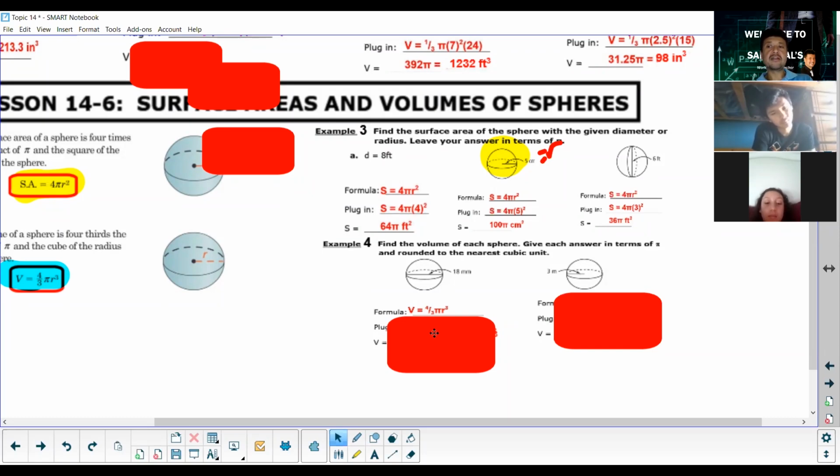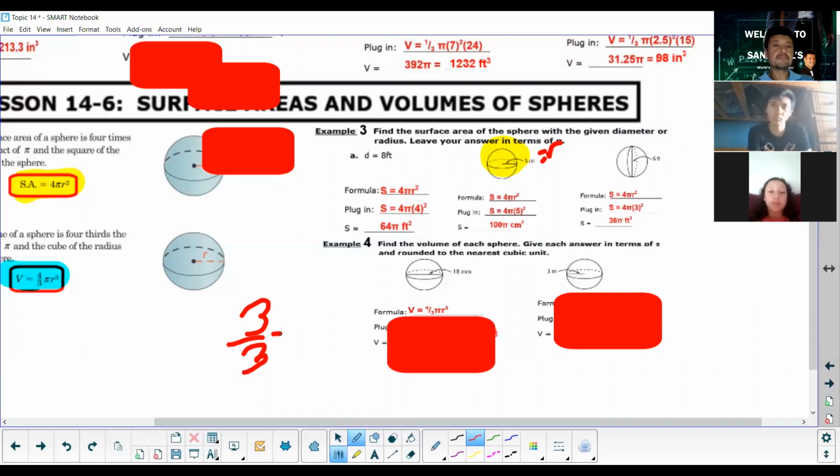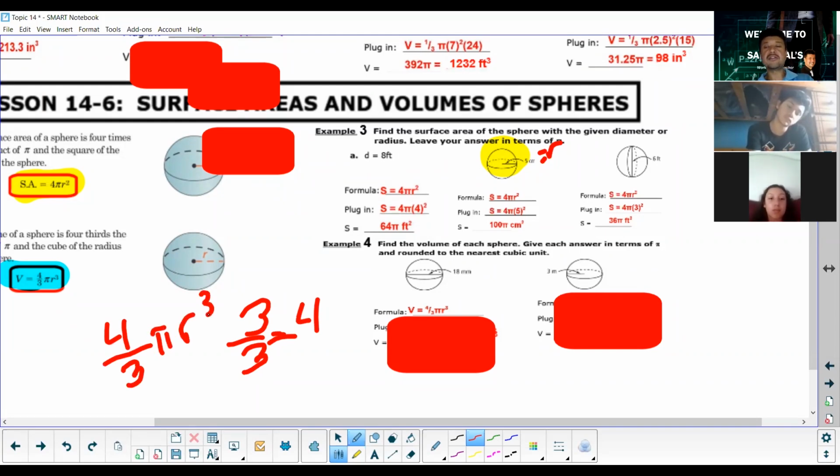A sphere's volume is bigger. 3 divided by 3 is 1, right? We found out that the volume was 4/3 pi r cubed. Slightly different, 3 dimensions, and it was a slightly higher ratio.